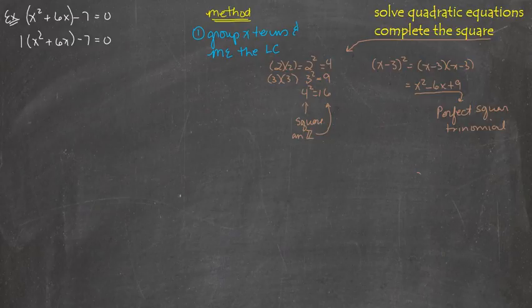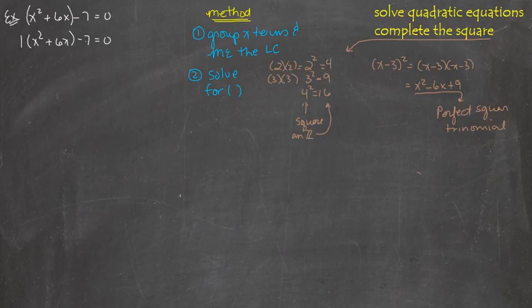Second step is to solve for your grouped term, right? So solve for the parens. So we're going to solve for what's inside the parentheses. That means I'm going to keep all of this on one side of the equation. I'm going to move everything to the other side.